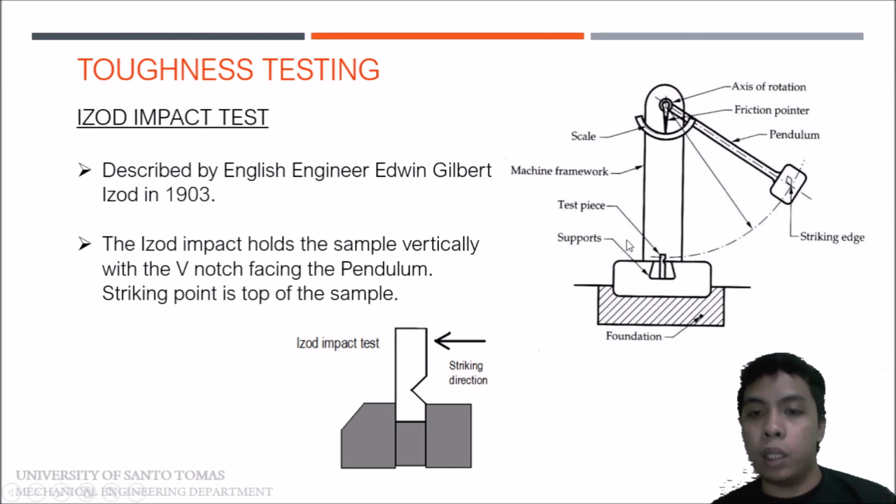As you can see, our test piece is supported by the machine itself. In the Izod impact test, our specimen has a V-notch, or a groove shaped like the letter V. The V-notch faces the striking edge, and the striking point will be at the top of our specimen.